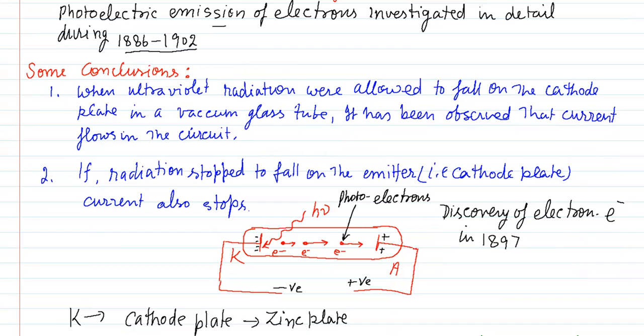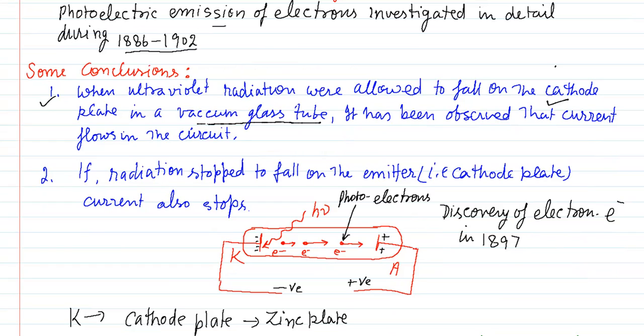Number one, when ultraviolet radiation was allowed to fall on the cathode plate in a vacuum glass tube, there are two electrodes, one the cathode and the second the anode.